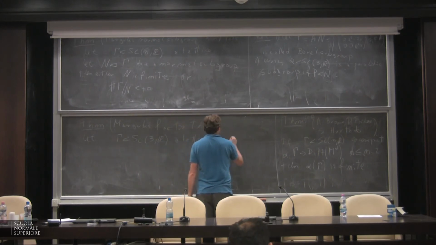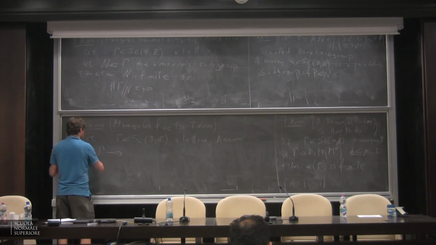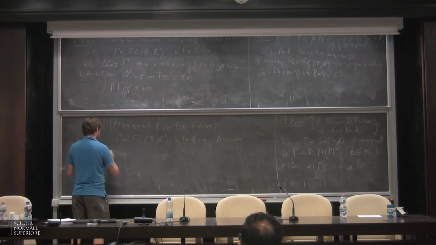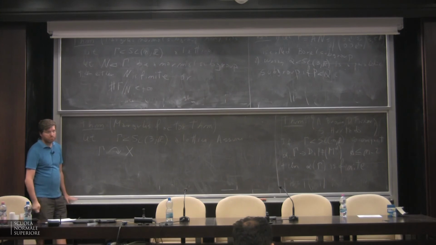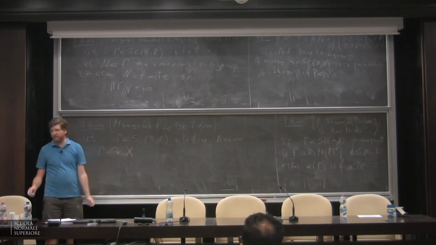Assume gamma acts on a space X. X is just a measurable space, or if you want, a topological space.